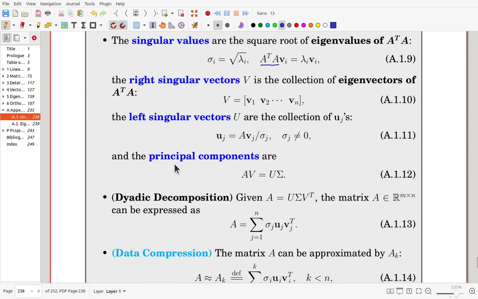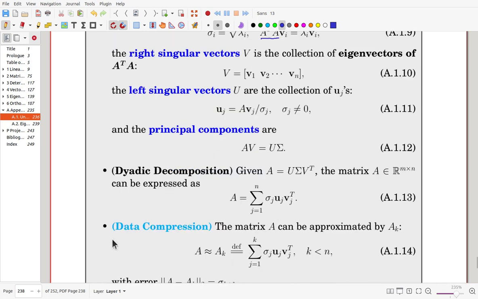These are the principal components. Each column of AV or U sigma is a principal component, and they form an orthogonal basis, so that we can explore the new space, and we can deal with the data very effectively.